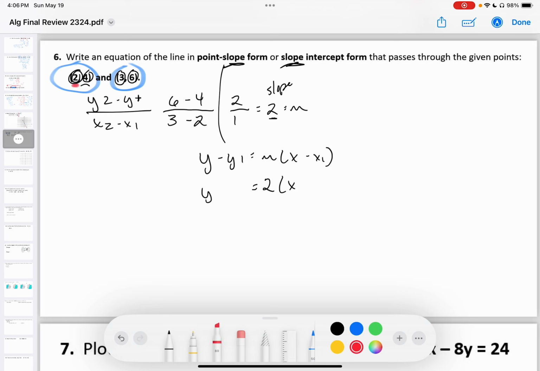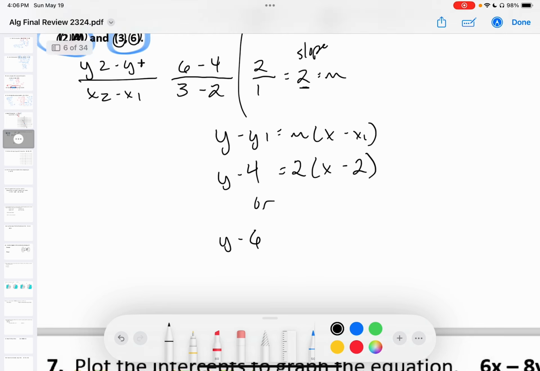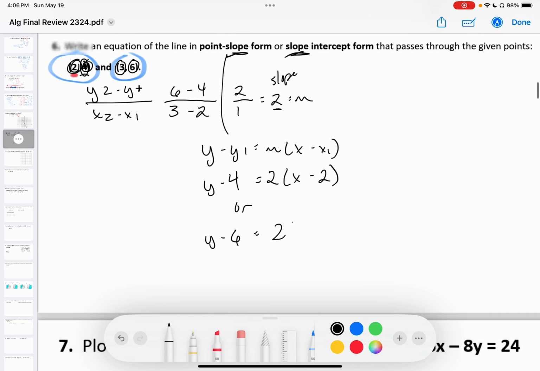So this would be my x1 value. So I'm going to go y minus 2, or x minus 2, sorry. And on my y, which is the 4, I'd go y minus 4. I could have done that with the other one. I would have done y minus 6, because the y value was 6, equals 2x minus 3, because the x value is 3. Those are the exact same answers, just using different points.